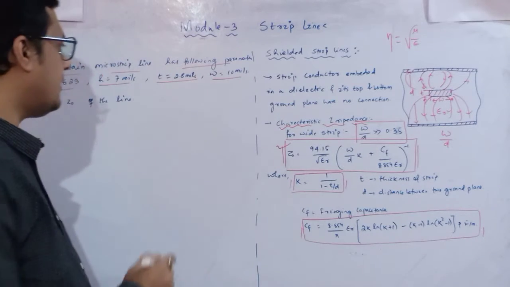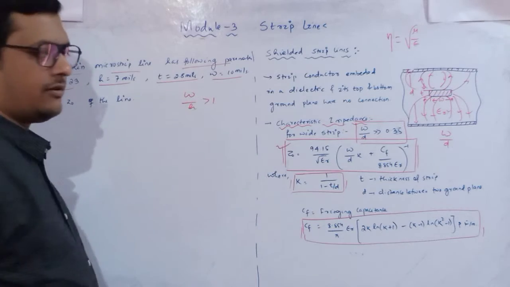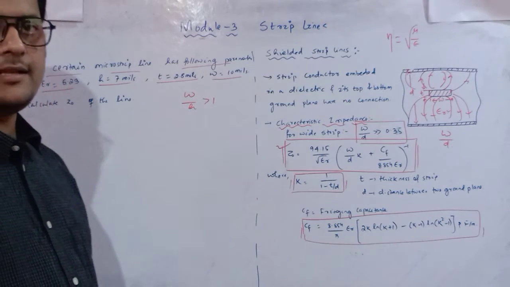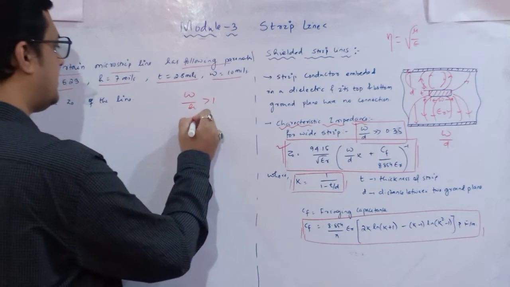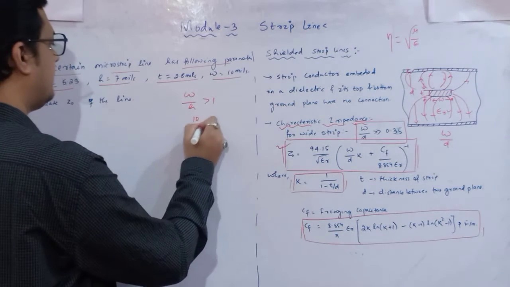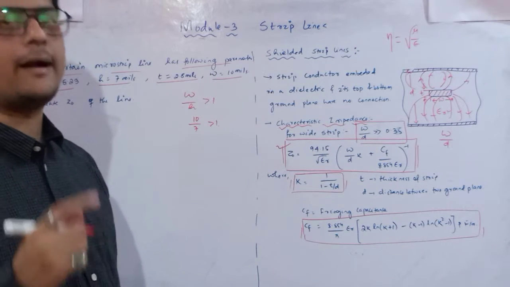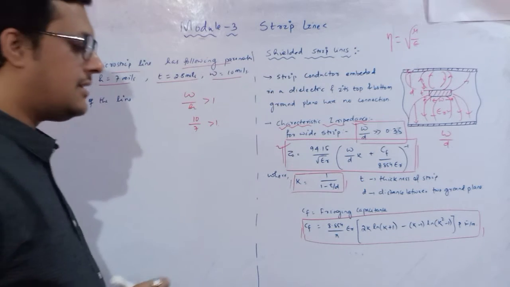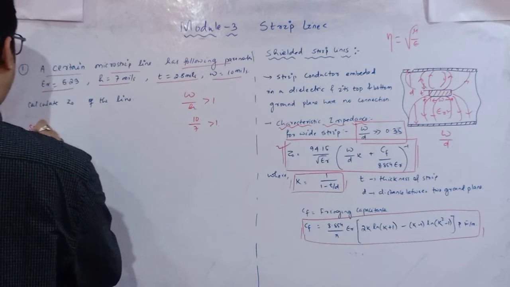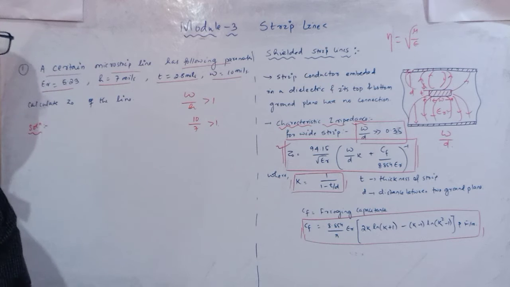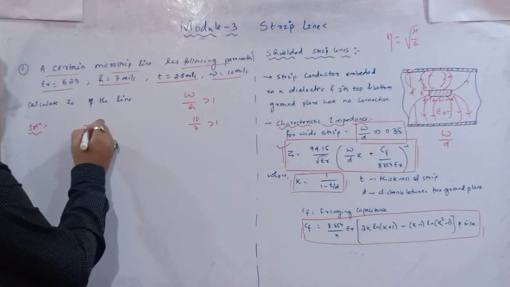Okay. Now here, first of all, you have to check whether your W by H ratio is greater than 1 or not. W by H ratio is the aspect ratio of the microstrip line. Here W is 10, H is 7, so definitely it is greater than 1. So that means we are discussing a wider strip. Once this wider strip is identified, next we have to calculate the characteristic impedance.